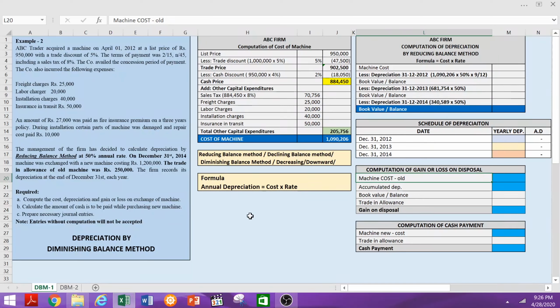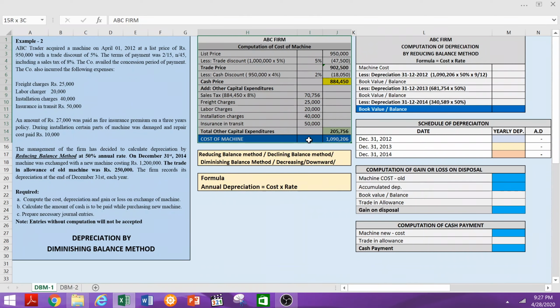In this video, we shall understand how depreciation is calculated with the help of the diminishing balance method, or reducing balance method, or declining balance method, or decreasing balance method, or downward balance method. I don't think I need to explain how machine cost is computed.